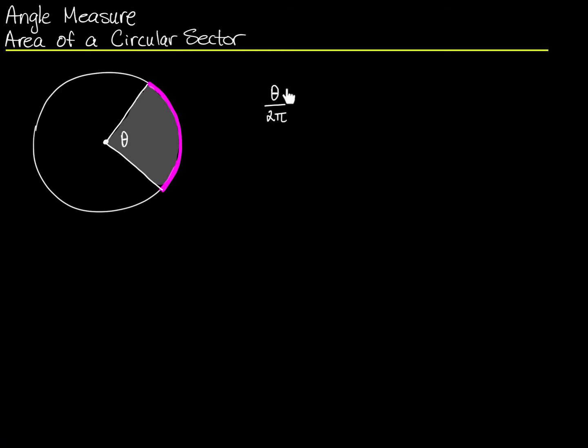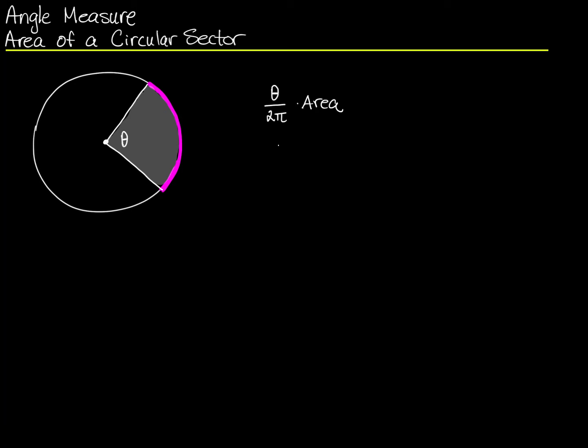This fraction, this ratio, represents the percentage of the circle that this angle represents in comparison to the whole circle, 2 pi, or 360 degrees. Again, we're working in radians here, so I'm going to call it 2 pi. That percentage of the circle times the area of the circle will be the area of just this region here.